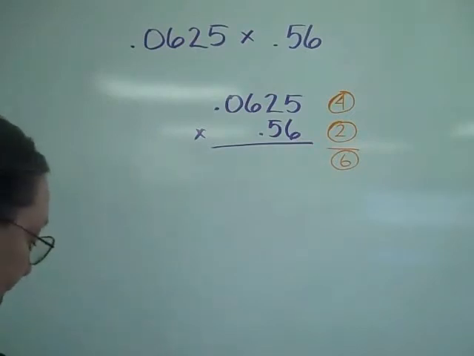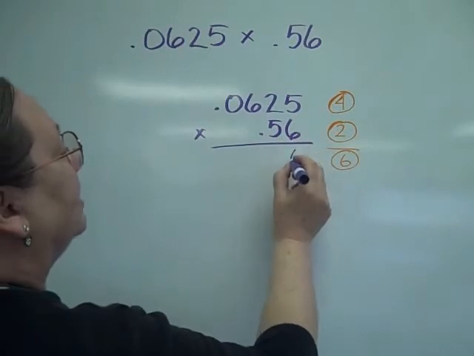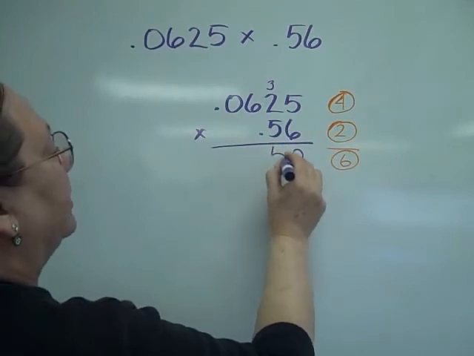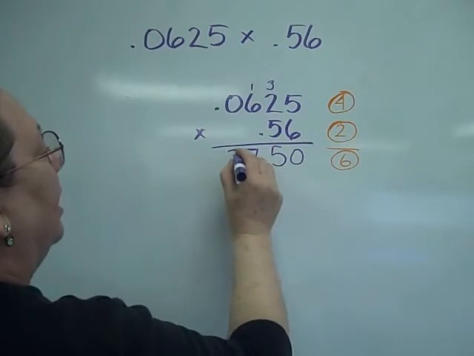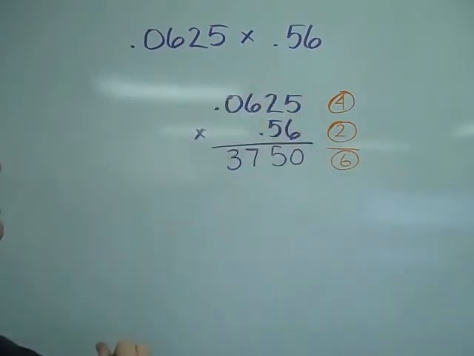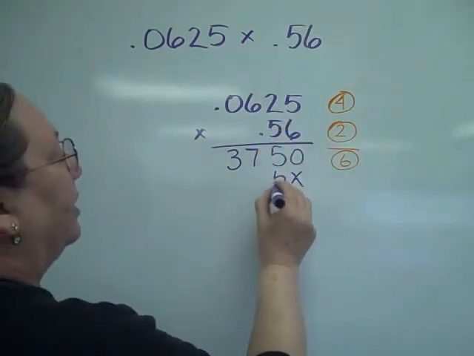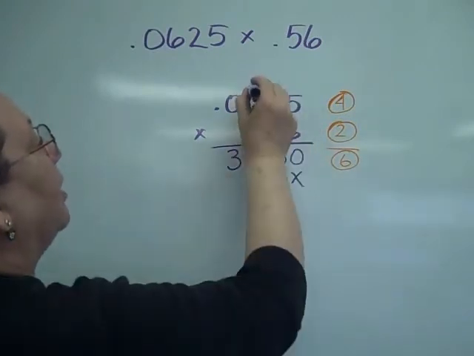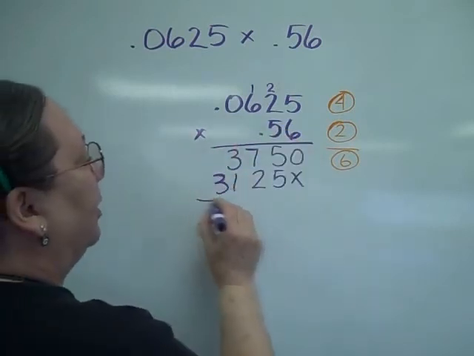So going ahead and multiplying it, I got 5 times 6 is 30, carry my 3. 12 plus 3 is 15, carry 1, and 36 plus 1 is 37. Okay, I'm going to take away my carrying then and start again. Remembering, move over 1. 5 times 5 is 25. 10 plus 2 is 12, carry 1, and 30 plus 1 is 31.